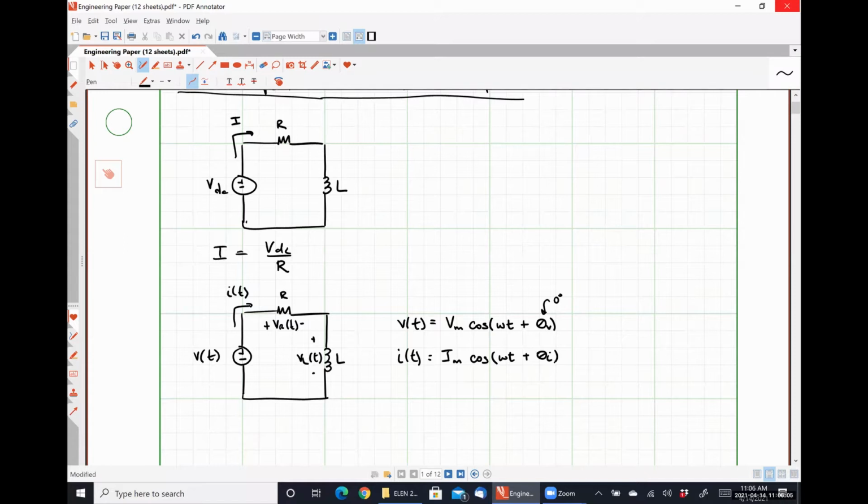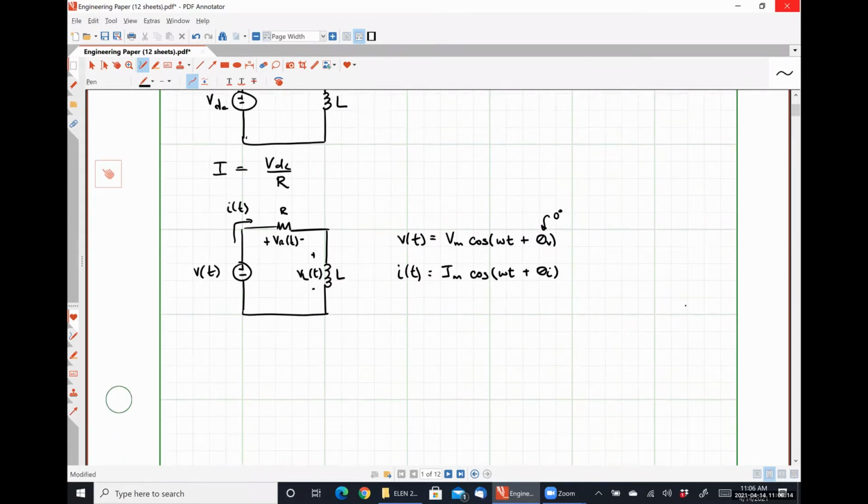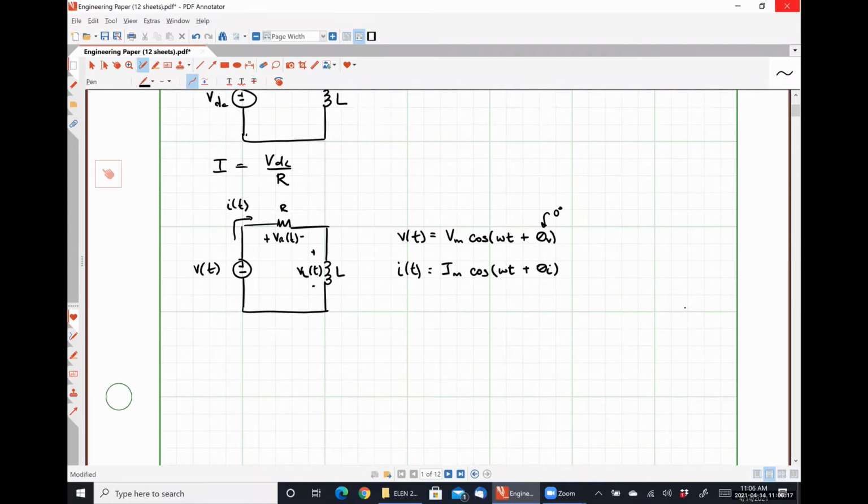So if we did a little bit of math here, we can see that V of t is equal to VR of t plus VL of t, which is in turn simply R times IL plus L times dIL.